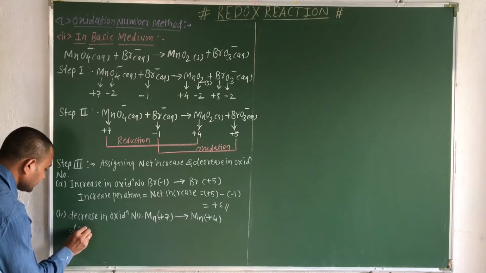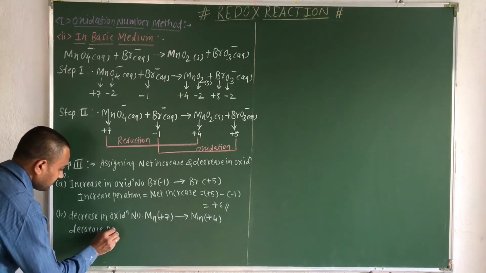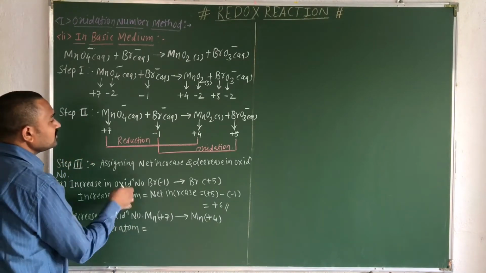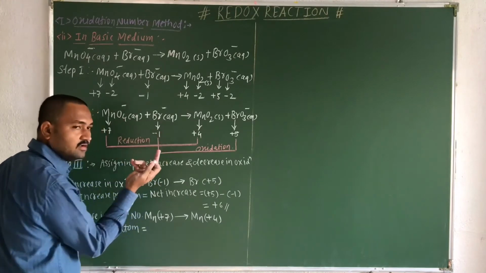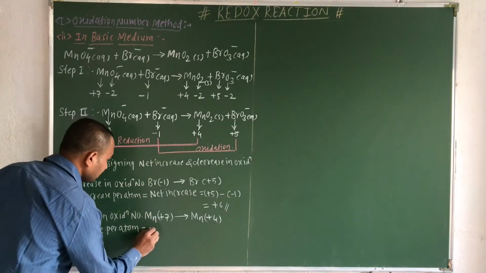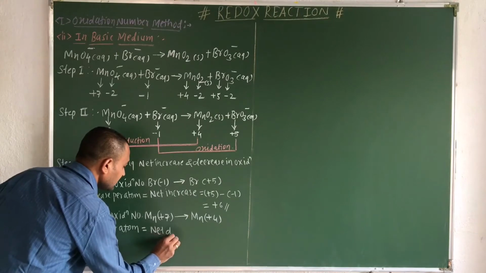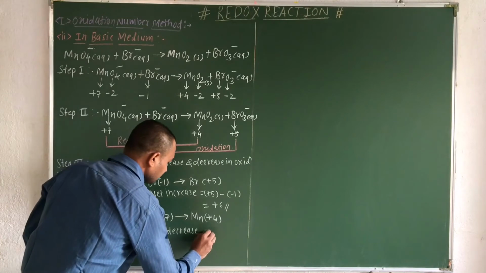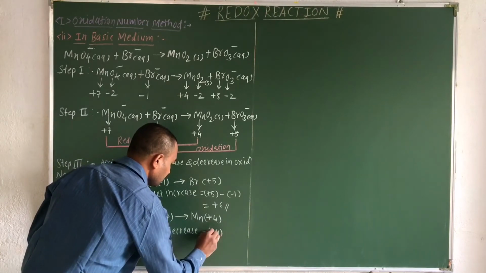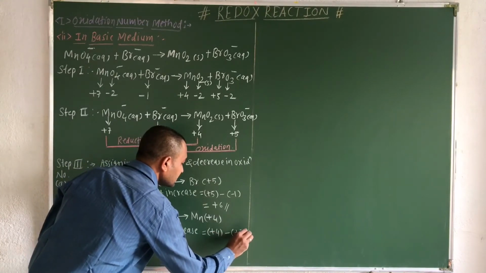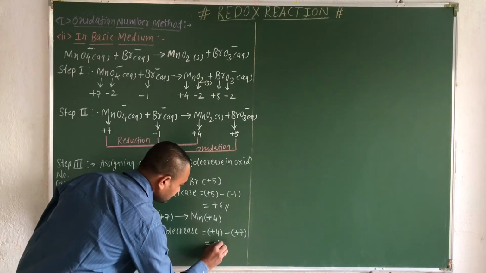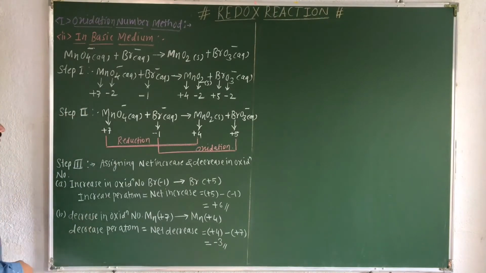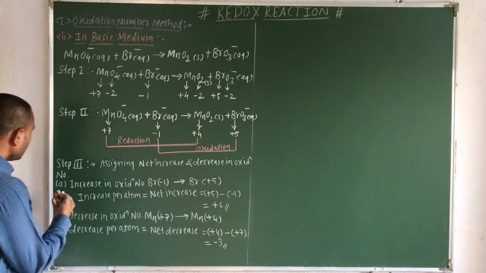The decrease per atom equals the net decrease, as there is only one atom on both sides. So the net decrease equals plus 4 minus plus 7, which equals minus 3. So this is about your step number three.